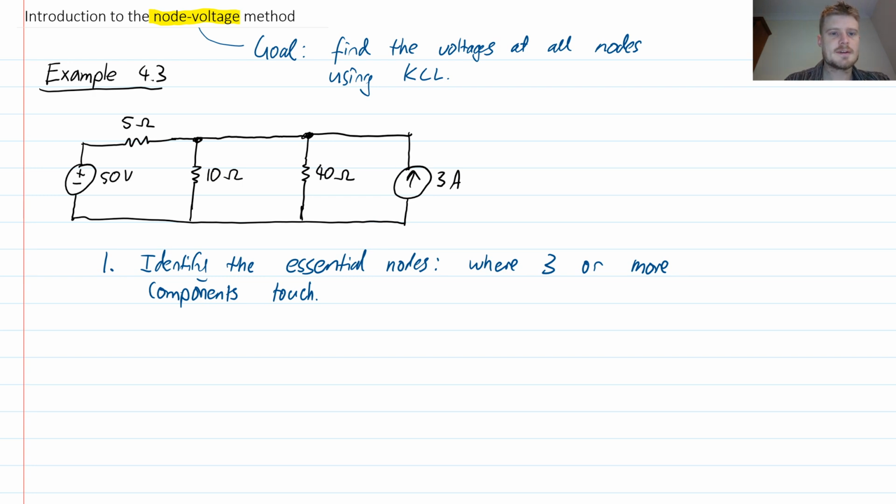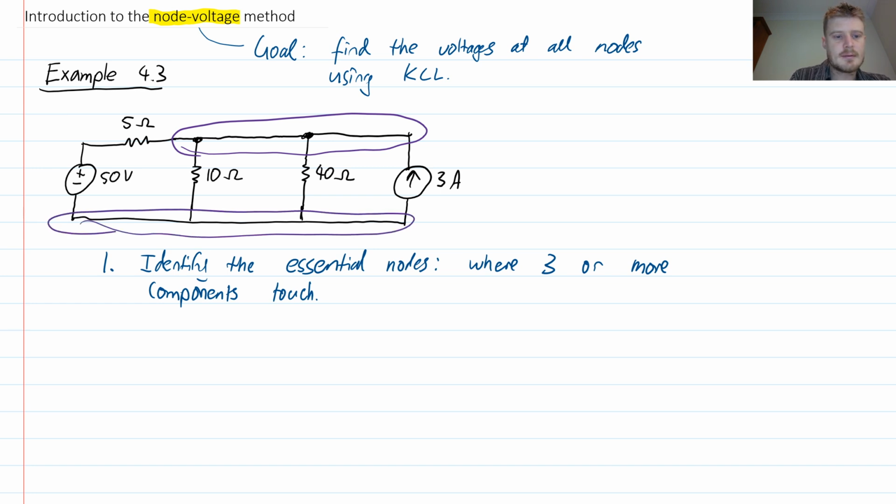We can first identify all of the nodes, and check whether those nodes are essential. For instance, we have a node here, but that's not an essential node because there are only 2 components that touch it: the 50 volt source and the 5 ohm resistor. So the essential nodes are this one here and this one here. These 2 are the essential nodes in our circuit.